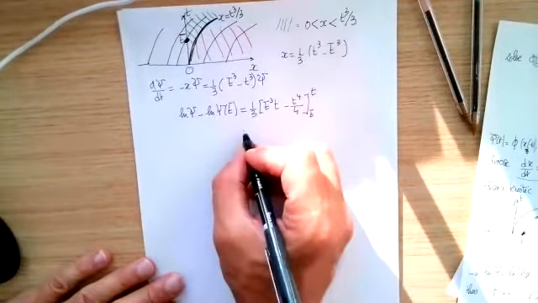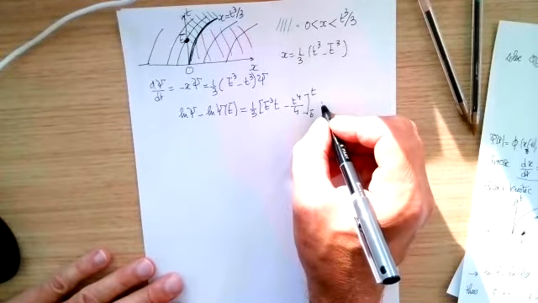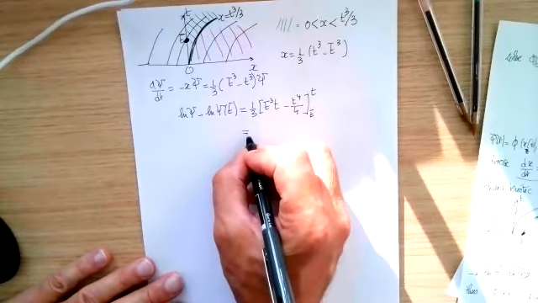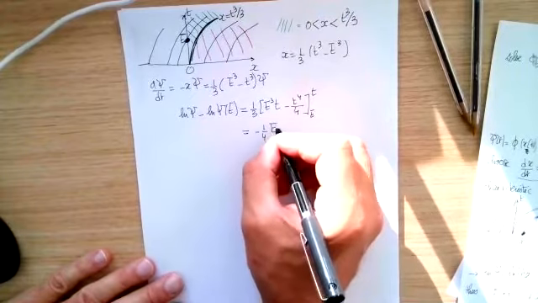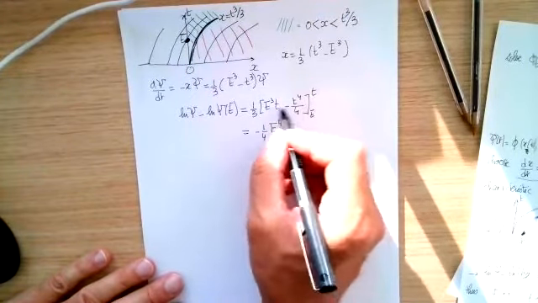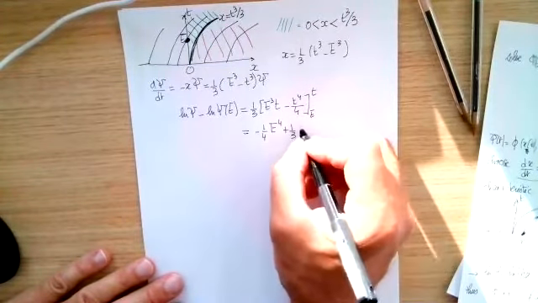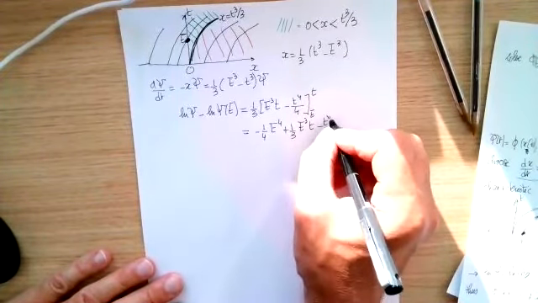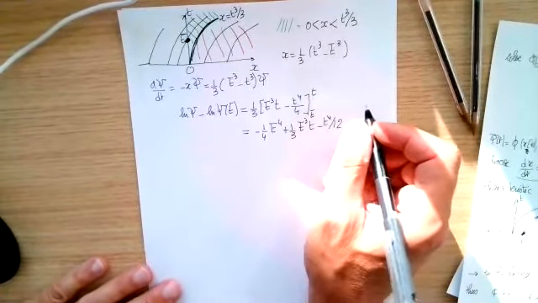And this guy, I think it's minus 1/4 of t bar 4 plus 1/3 t bar 3t minus t4 divided by 12. You can check that, but it's easy.